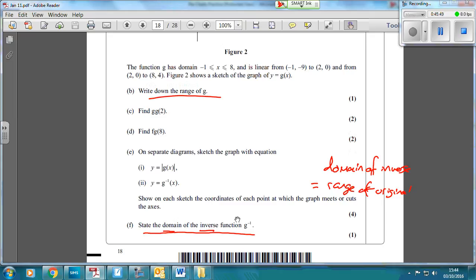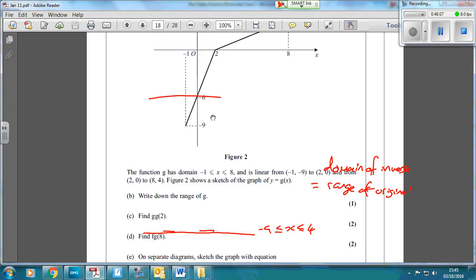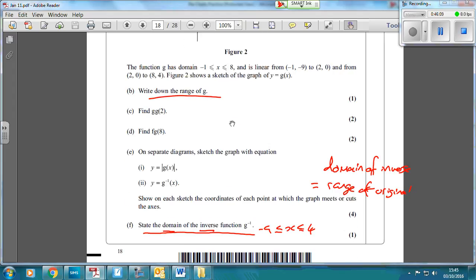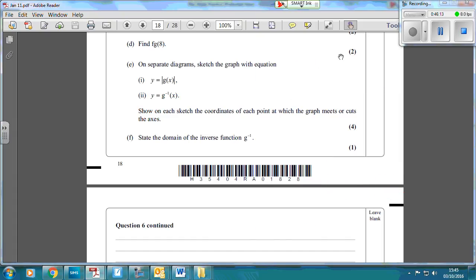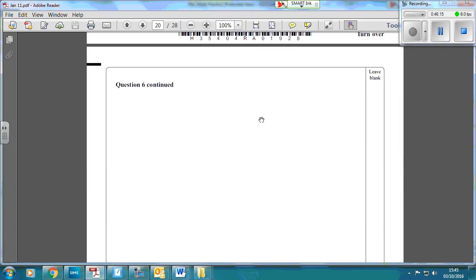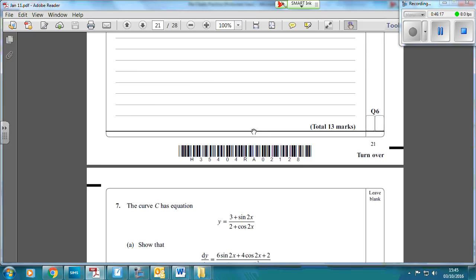Therefore, the domain of this one, x, is going to be between -9 and 4. So the domain of the inverse is the range of the original. And the range of the original one was between -9 and 4. Hopefully that makes a load of sense. And let's go through to question 7.